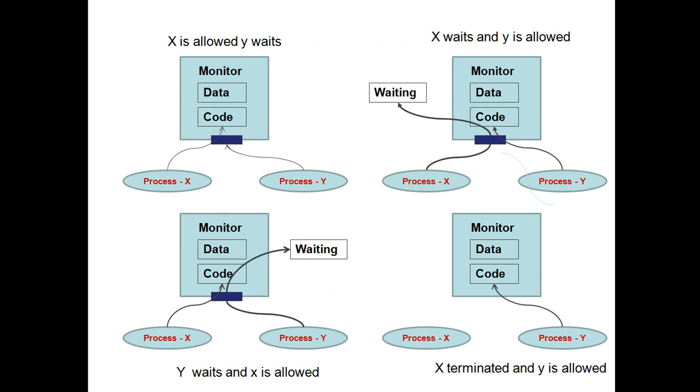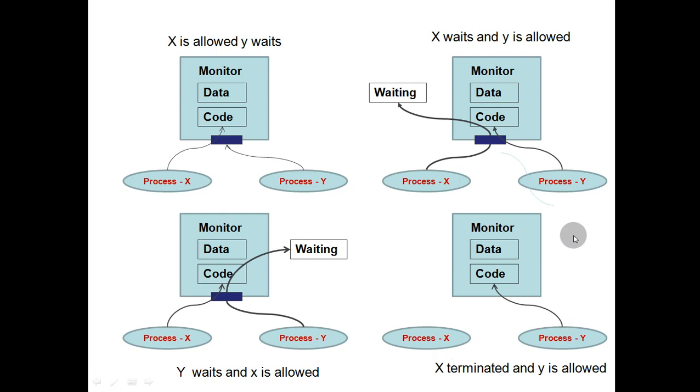In the first case, process X has entered the monitor and works on the data, while process Y waits. Next, process X waits, and process Y enters the monitor and the data processing happens. Third, process Y is again in the waiting state, and process X is again in the data processing space. Now X is terminated and Y is allowed.